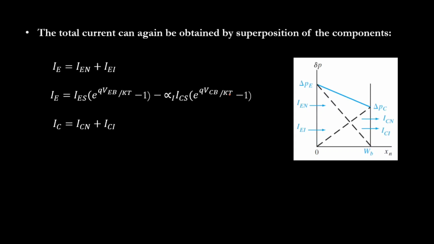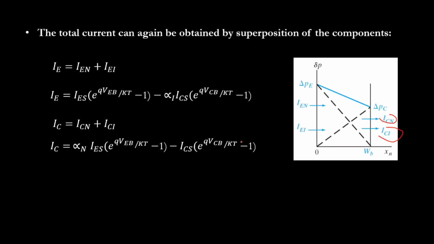So here, look at this, IC is equal to ICN plus ICI. This is the expression. ICN equal to alpha N IES into e to the power qVEB by kT minus 1, minus ICS into e to the power qVCB by kT minus 1.